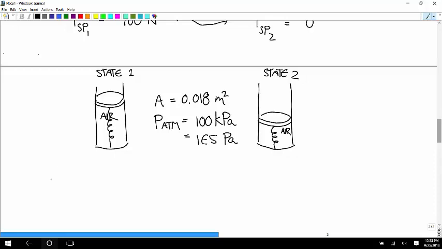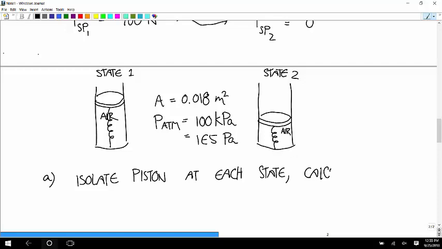So first, it asks us to isolate the piston at each state and calculate the pressure in the gas.